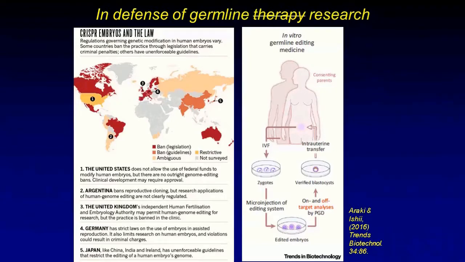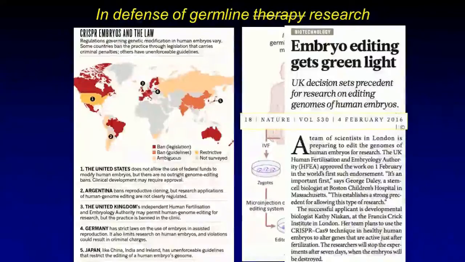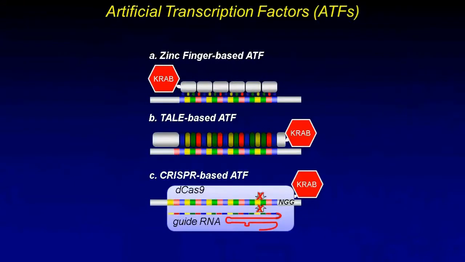Because I think that editing the germline right now is not in the interest of most scientists. Although there is some research going on in this area, I don't think that anyone really wants to see this enter the clinic anytime soon, if ever.